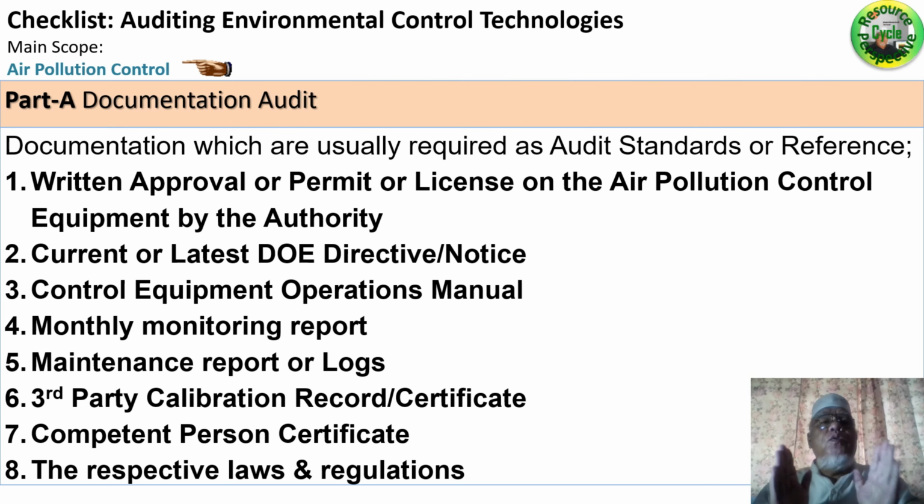Number 1, approvals. We need to check for what has been approved. For example, type of equipment, whether it is cyclone dust collector, baghouse, etc. Their brand name and serial number, operational capacity like size, flow rates, etc. Its location and the site's layout plan, blueprints which are being endorsed by professional engineers registered with the BEM or Board of Engineers Malaysia, legible emission declaration made by the top management, expiry date.